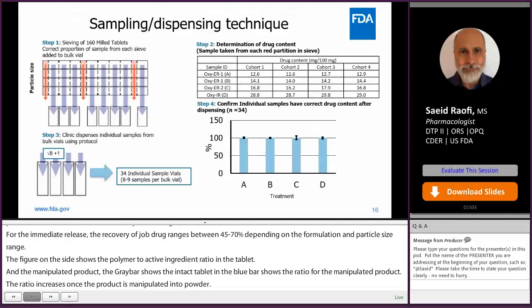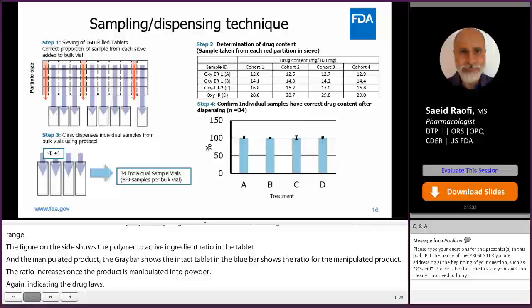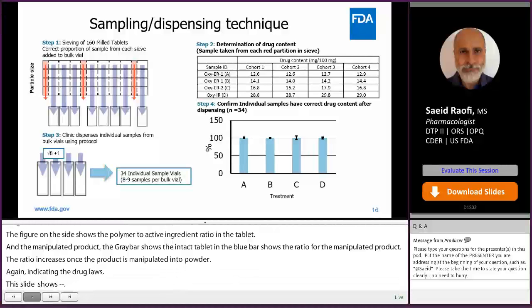The slide shows the preparation of the study doses. Top left, tablets are milled in bulk, 160 tablets per batch. Once that's done, they're transferred into vials that are intended for shipment to the study site, each vial containing 8 to 9 doses.